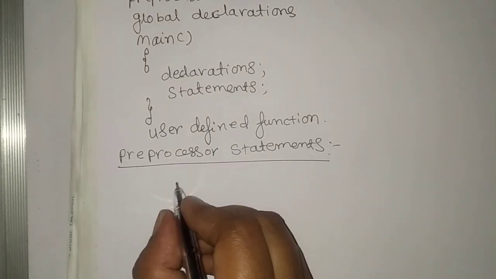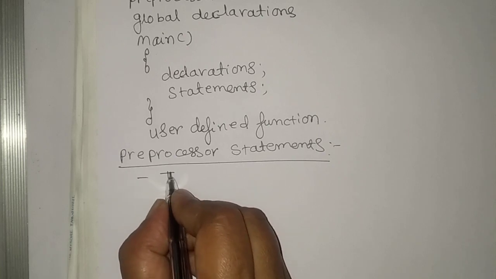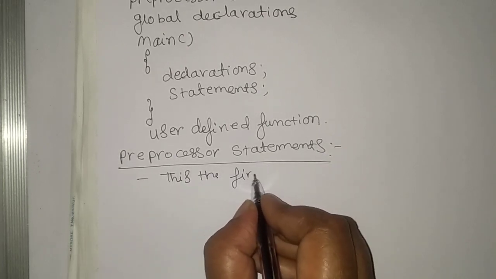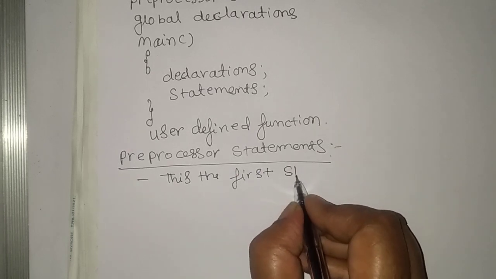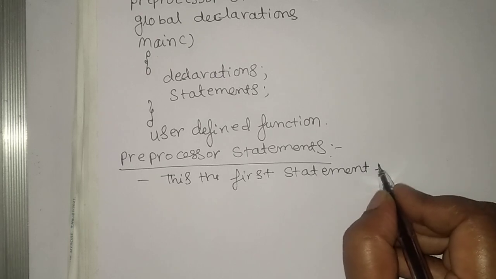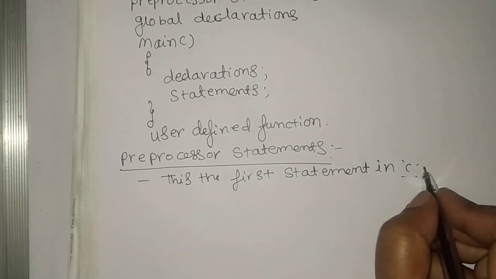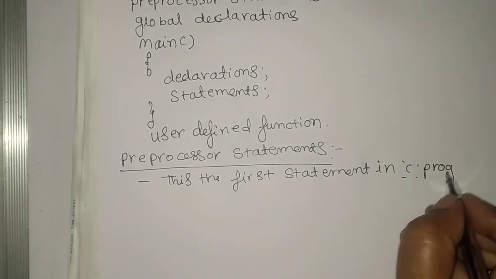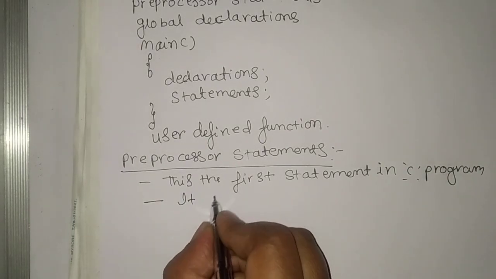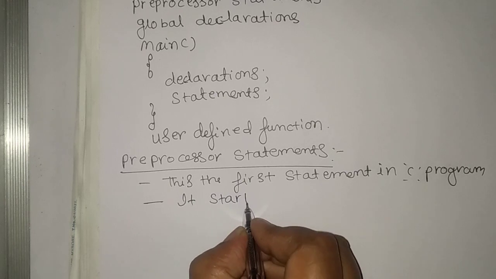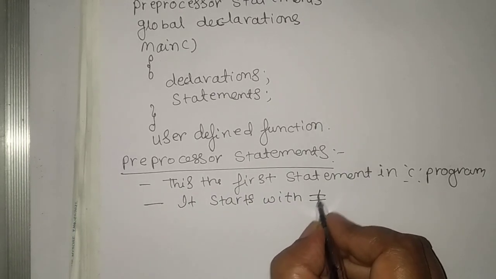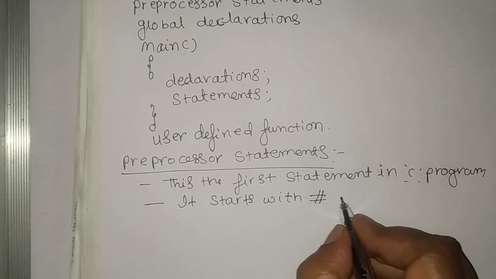First is the preprocessor statement. This is the first statement in a C program. It starts with the hash symbol.